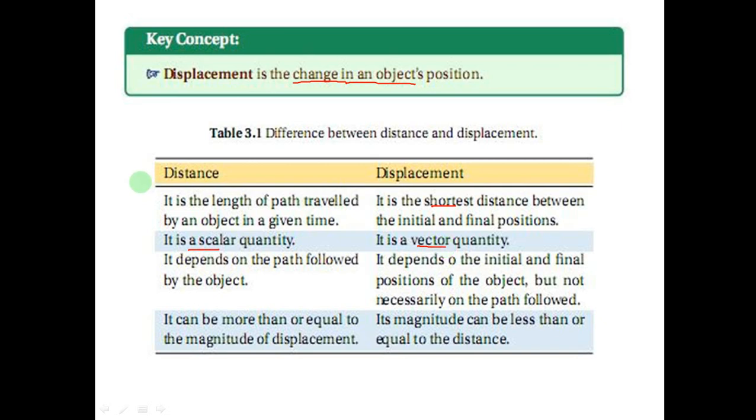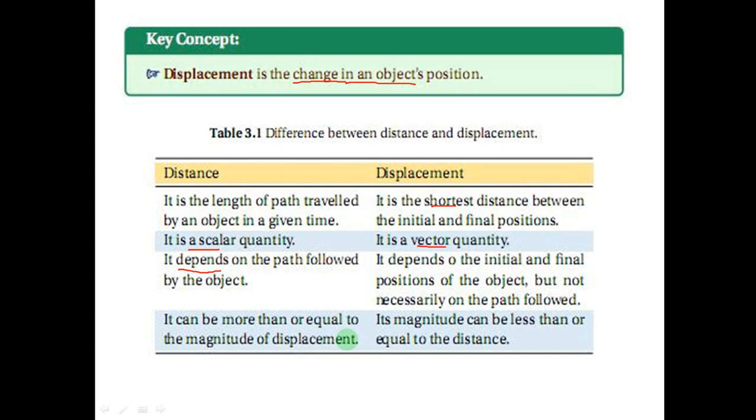Distance depends on the path followed by the object. But displacement depends on the initial and the final position of the object, but not necessarily on the path followed. The other difference is distance can be more than or equal to the magnitude of the displacement.